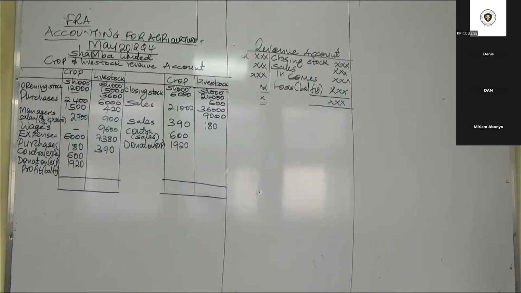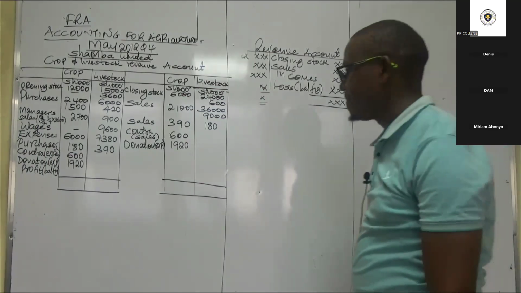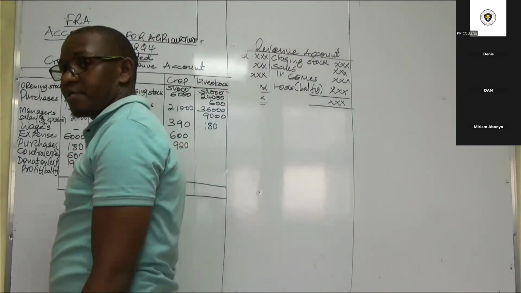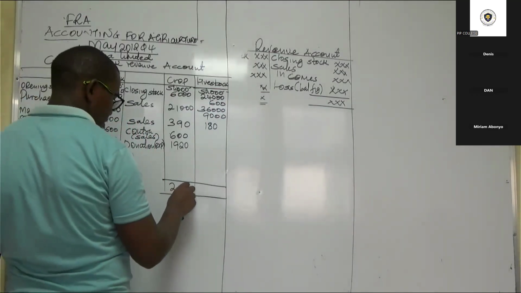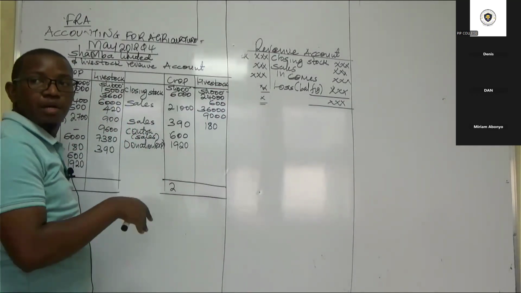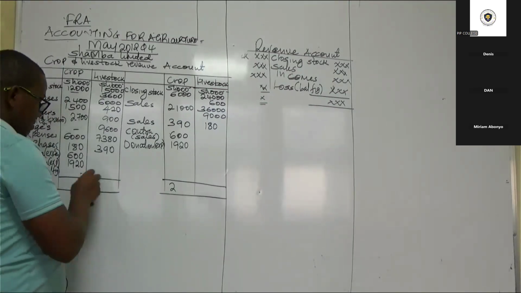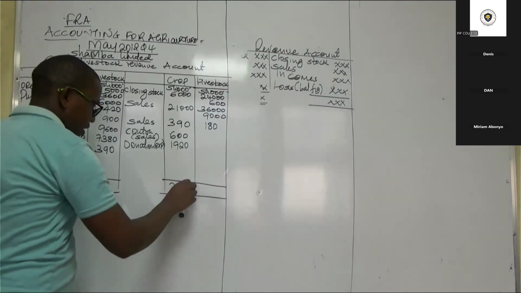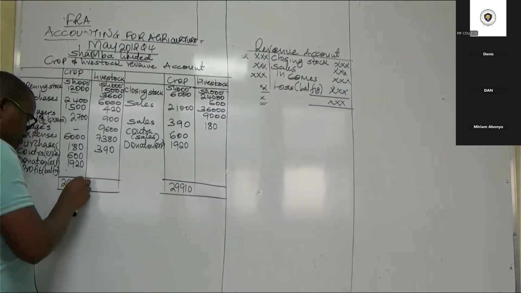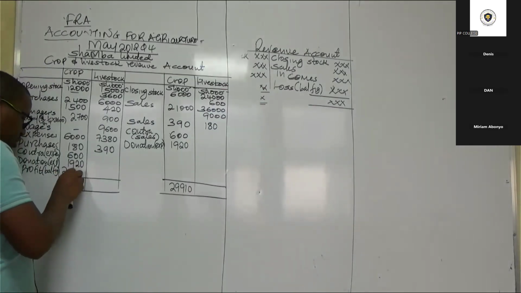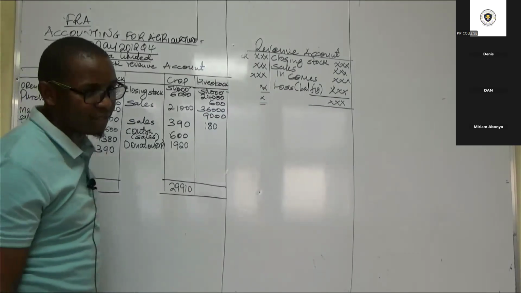Get the total on the credit side. For crop is how much? The total or the balance? 29,910. This is 26,10.